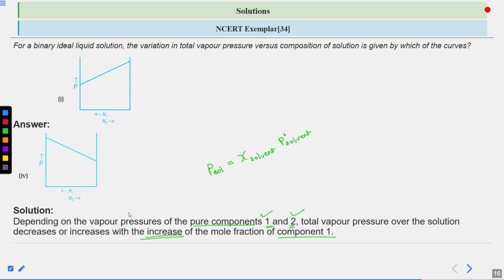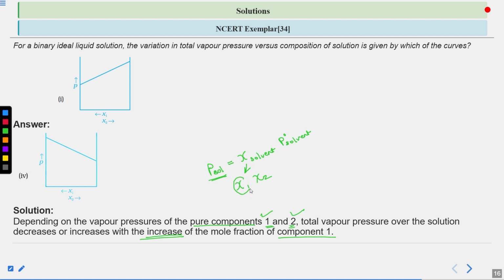Depending upon the vapor pressure of pure components 1 and 2, the mole fraction can be chi1 and chi2. For different components, the mole fraction will also be different. Now the total vapor pressure, P solution, over the solution either decreases or increases with the increase of mole fraction of component 1.